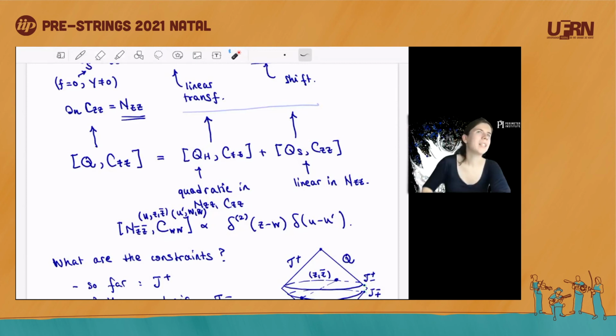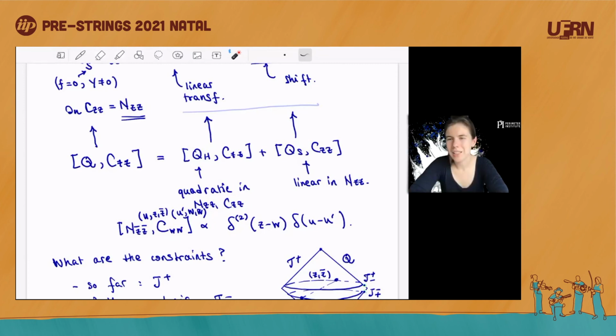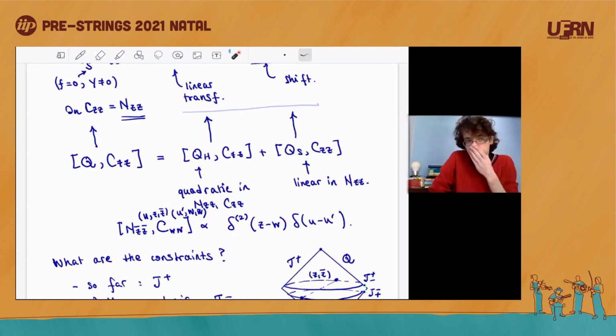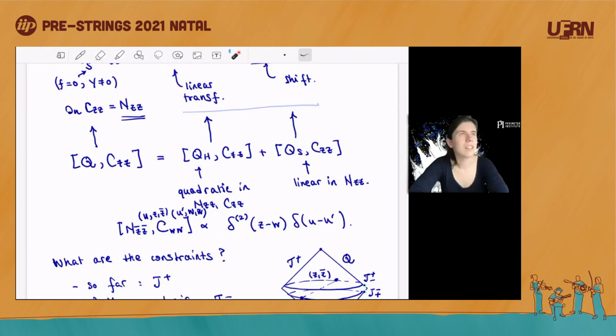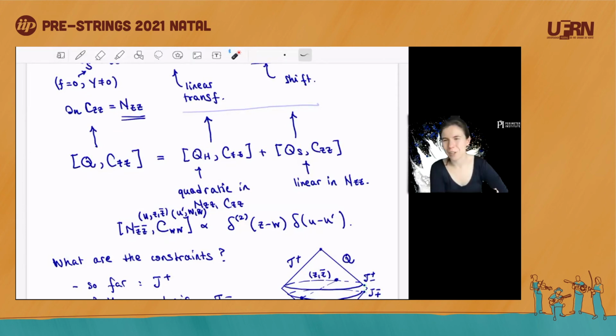Yeah, but the thing is that the memory effect is also measurable if you're at some large finite radius inside the ball. You don't have to be at scri to be able to measure it. That's one thing. And secondly, there are some subtleties about having strictly zero energy gravitons that you want to measure, or just low energy gravitons.